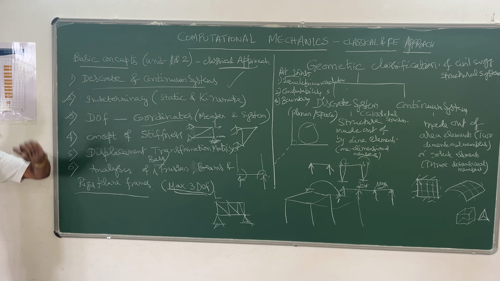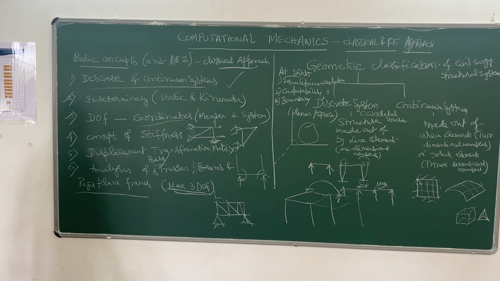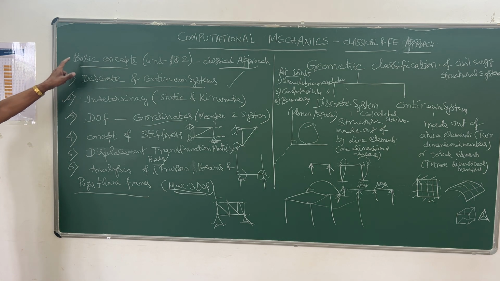indeterminacy, and type of the structure, discrete and continuous. I hope I made the points which are there in the syllabus here, because these are all called basic concepts. What is type of structure? That means what's a beam? Beam is nothing but a discrete structure.